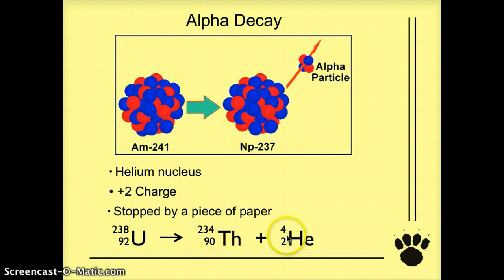And we have to make sure that adds up with our other element. So trying to figure out what goes here is basically what your task will be. You know what you're starting with, you know the type of decay, you should be able to subtract and figure out what your new element is. So 238 minus 4 is 234, 92 minus 2, because it's alpha decay, gives us 90. You look that up on your periodic table, and that's thorium.